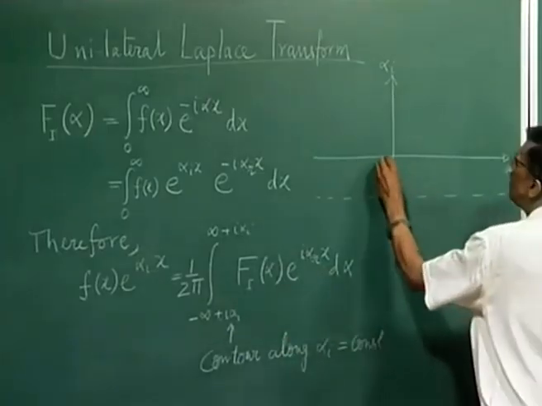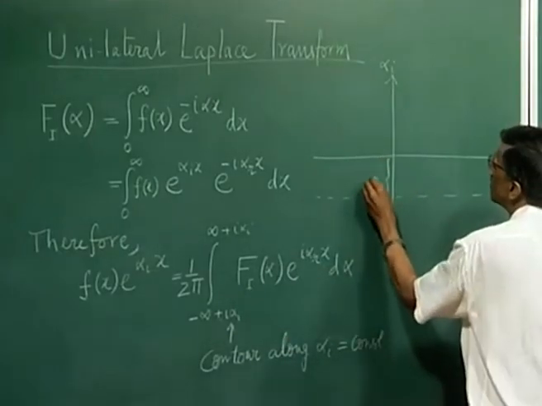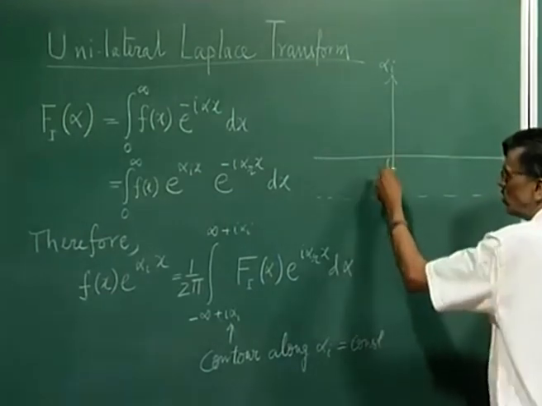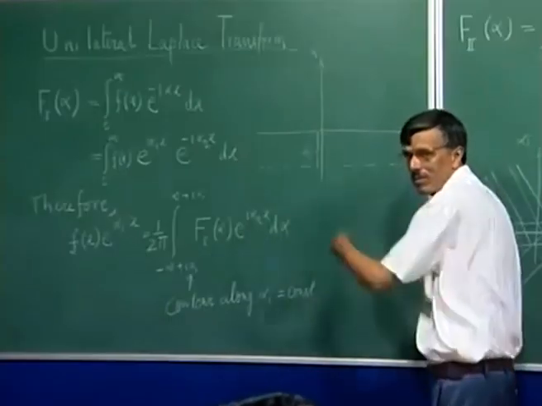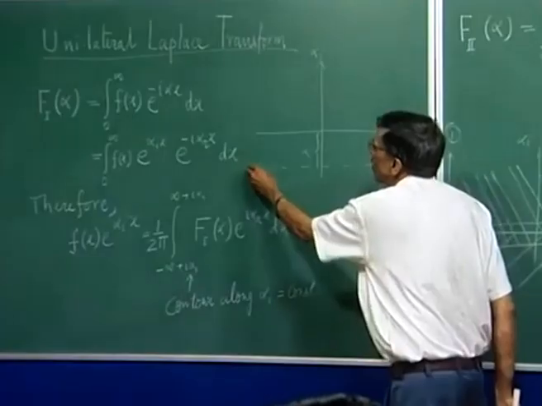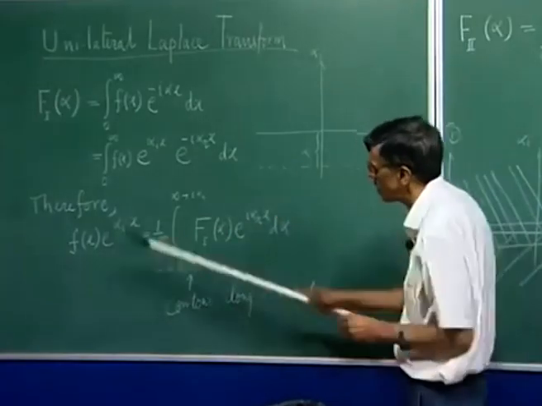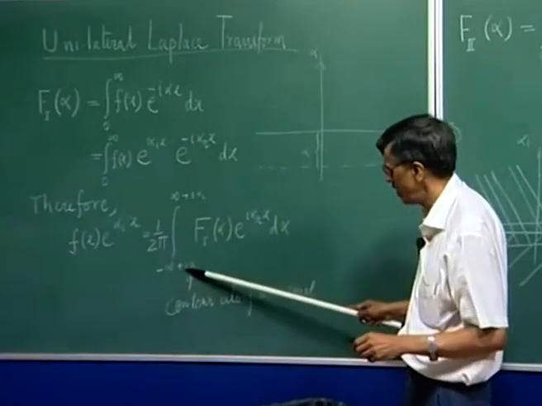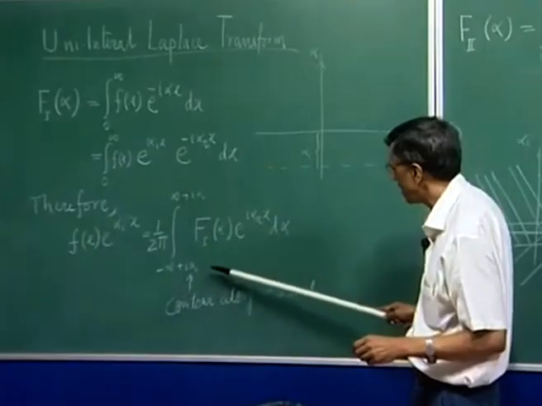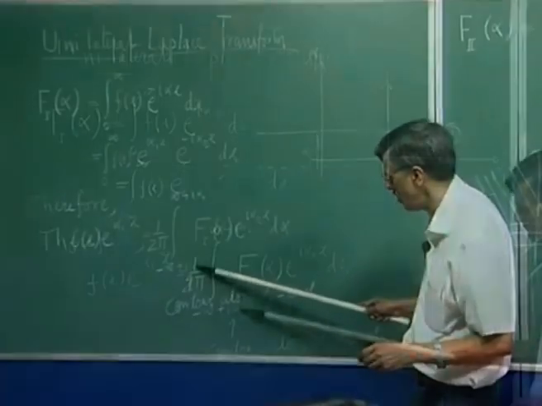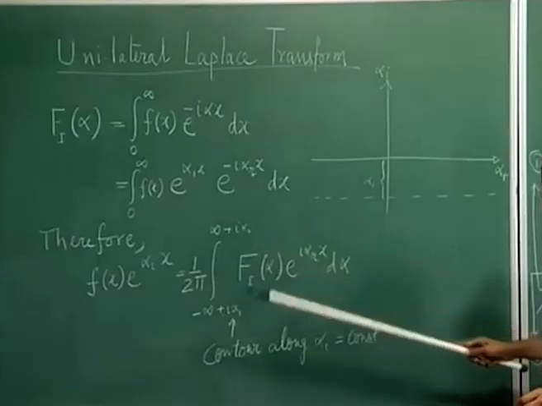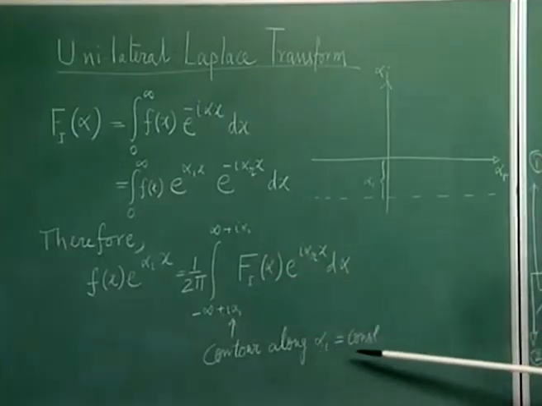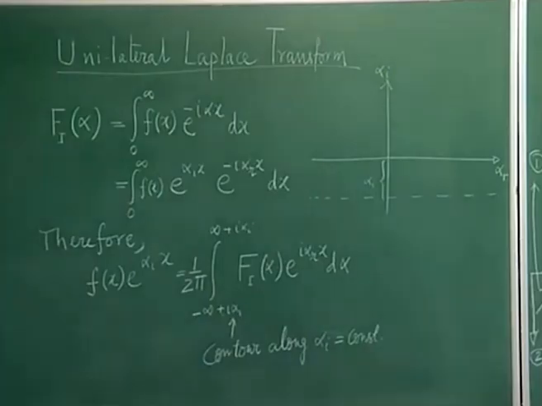I am taking a line which is, say, alpha I distance from the real axis, and I am now performing the integral from minus infinity to plus infinity, but along a line for which alpha I remains constant. This type of contour is called a Bromwich contour.